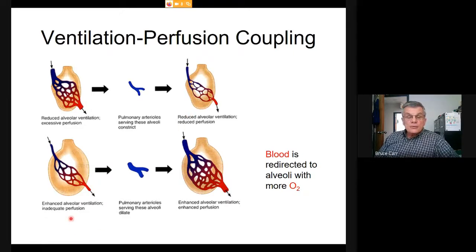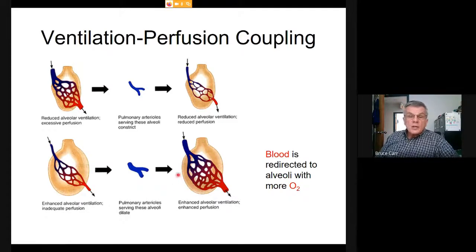If we enhance ventilation and we don't have adequate perfusion, we're going to basically relax those sphincter muscles and allow those arterioles to dilate and basically direct blood into that because there's more capacity for perfusion.